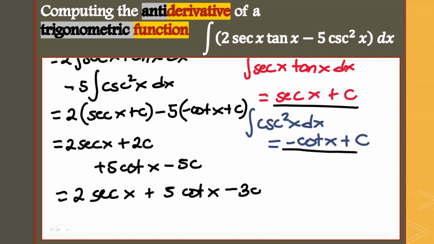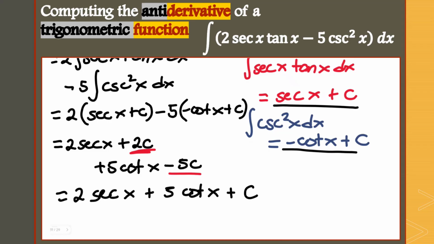I'm just writing it in this manner, but of course, let's not forget that c is actually an arbitrary constant. It means that this is a value that we don't know yet. So if we combine that into negative 3c, or whatever that result would be depending on your c, we can simply write it as one expression plus c to stand as a whole.